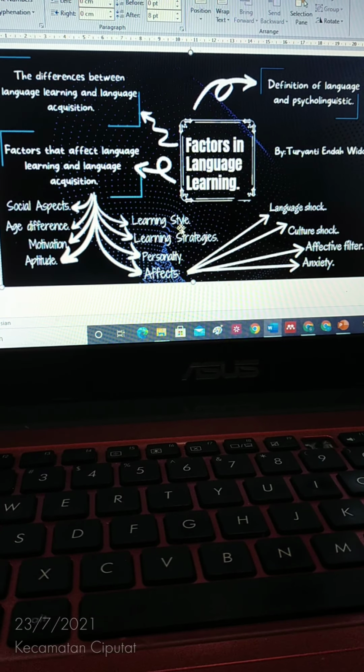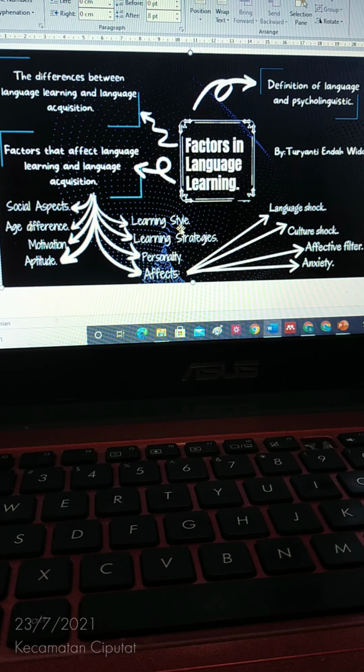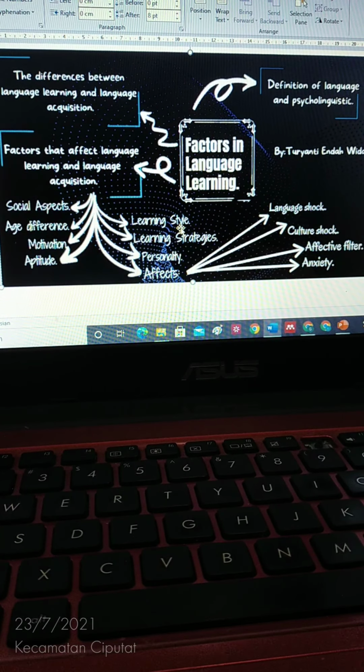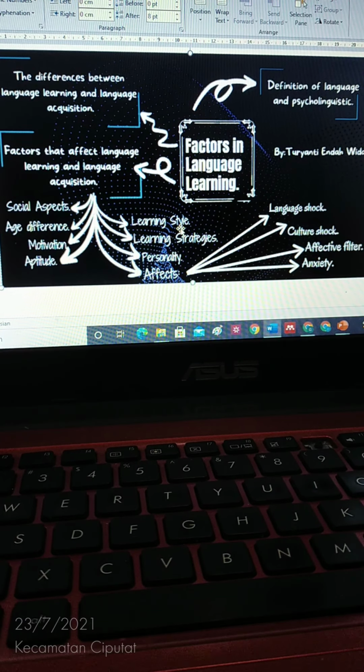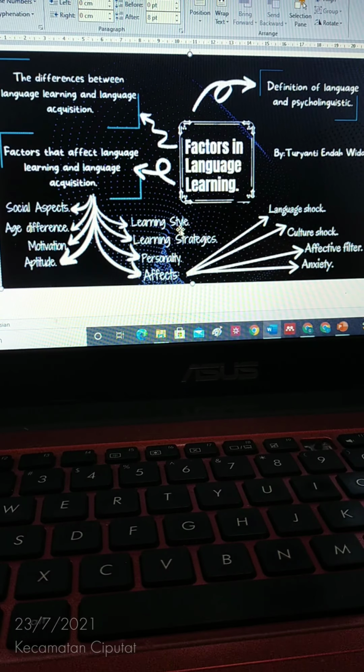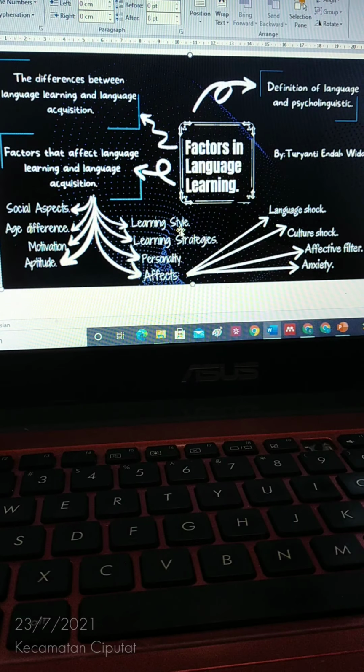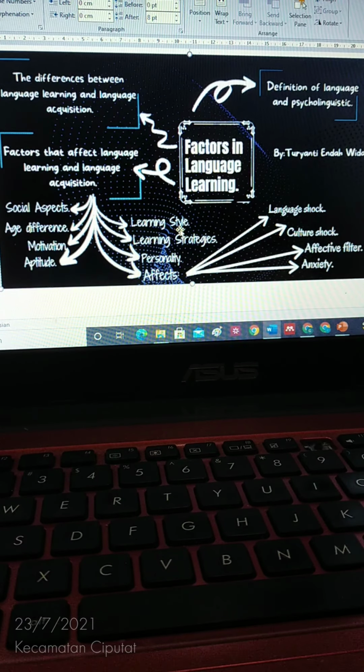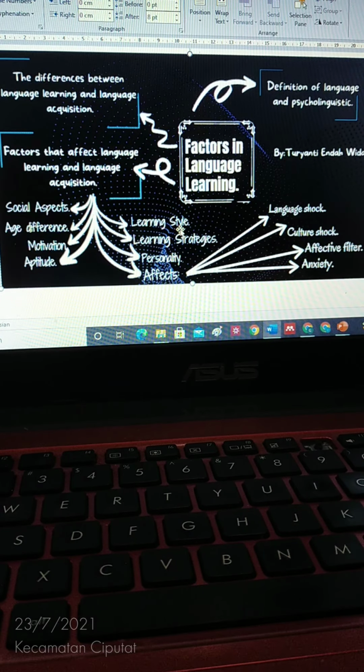Next, learning style. Learning style is also called cognitive style. It is the particular way in which a learner tries to learn something. In second or foreign language learning, different learners may prefer different solutions to learning problems.